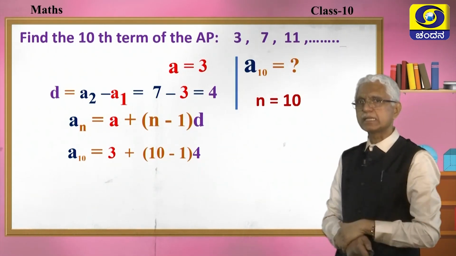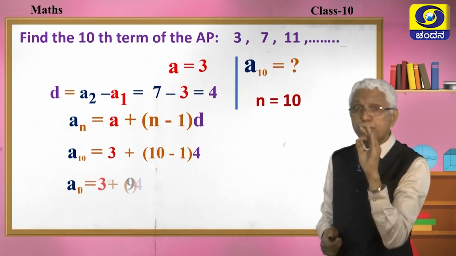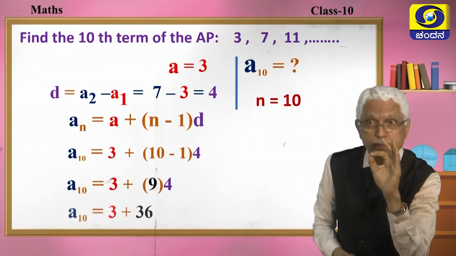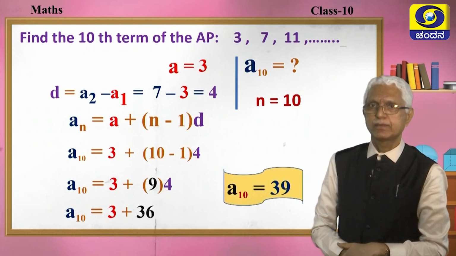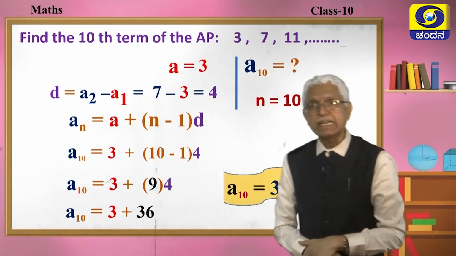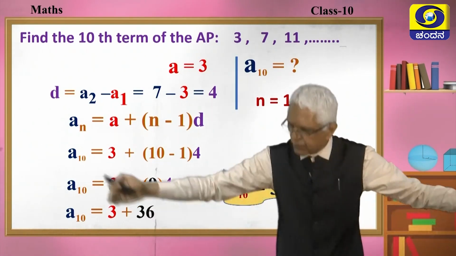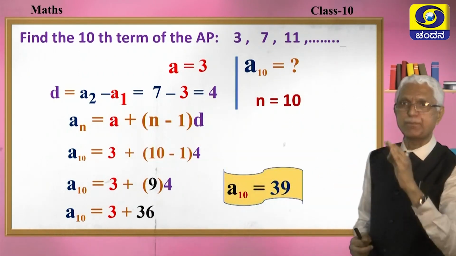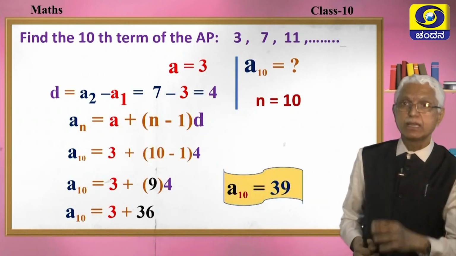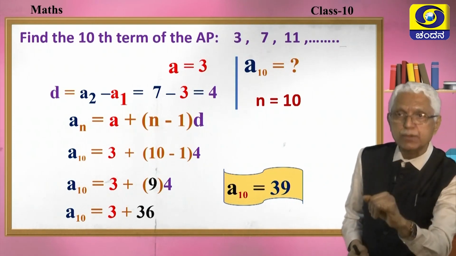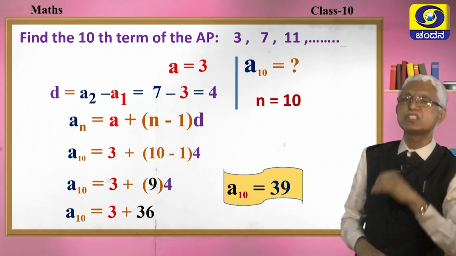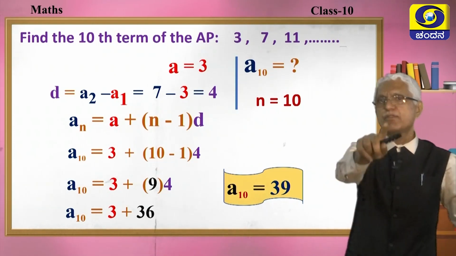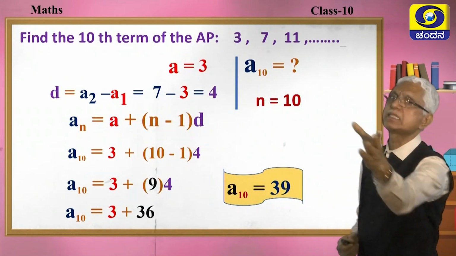You want to find the 10th term, correct? If you want to find any particular term of an AP, or if you want to write all the terms of the AP, you need to know the first term A and the common difference D. Am I right? Agreed.